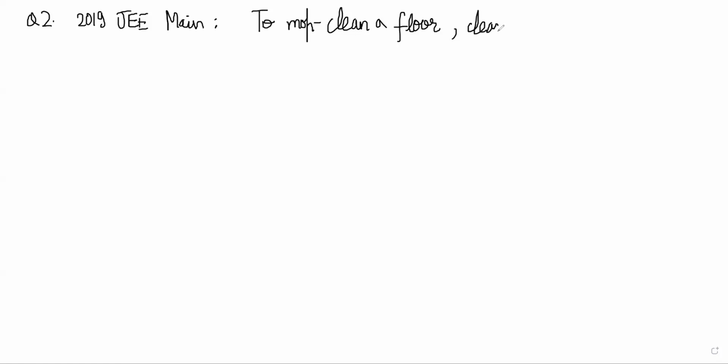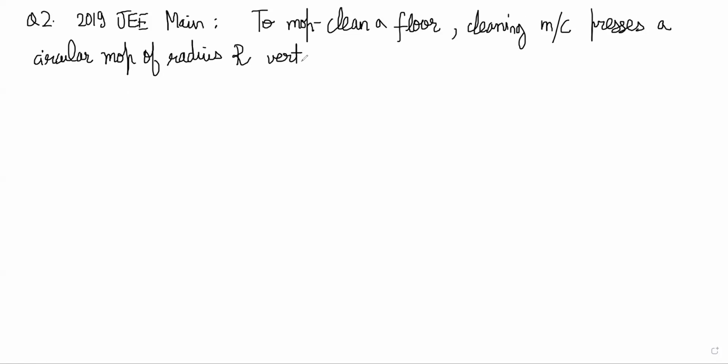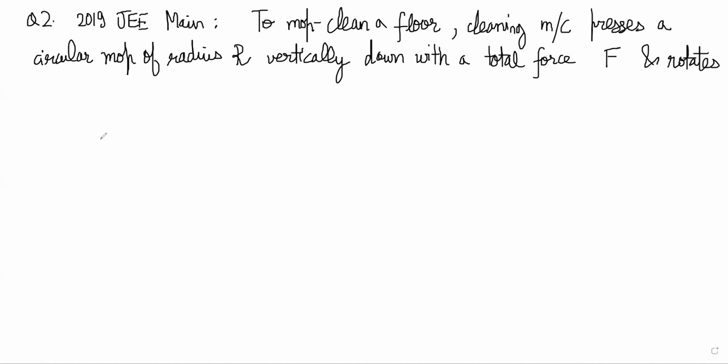This problem was 2019 JEE Mains. It says, to mop clean a floor, a cleaning machine presses a circular mop of radius r vertically down with a total force F, capital F, and rotates it with a constant angular velocity, constant omega, about its axis.